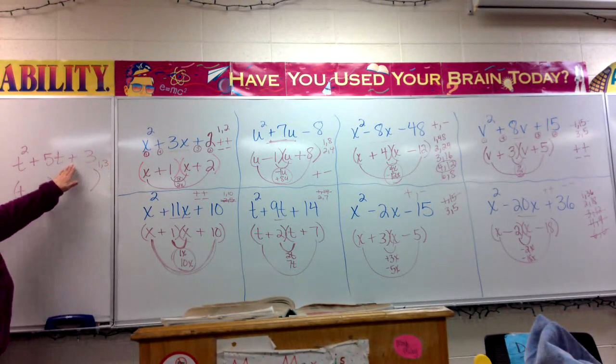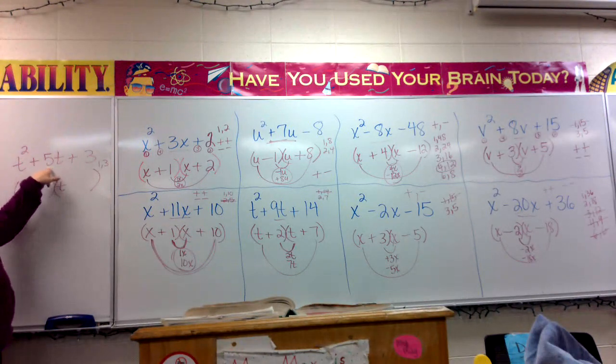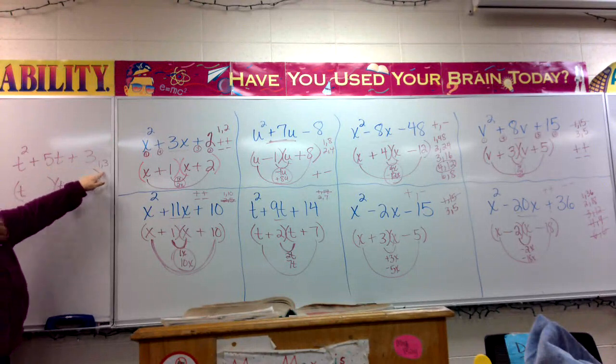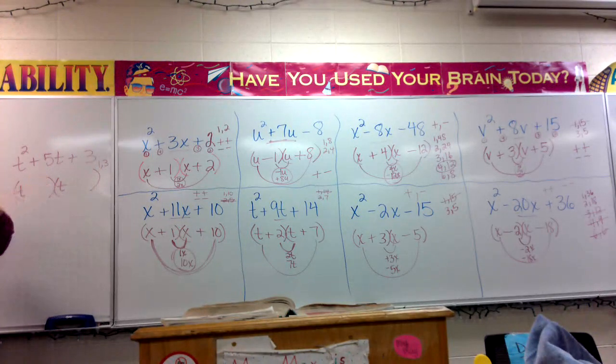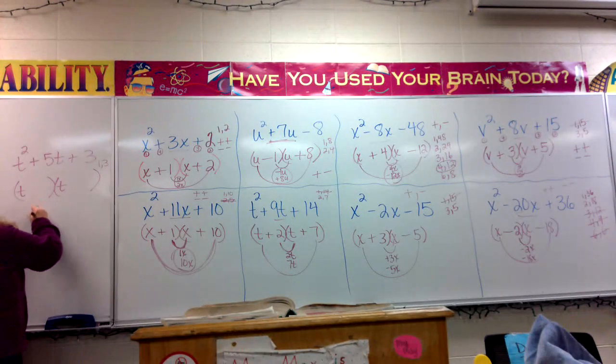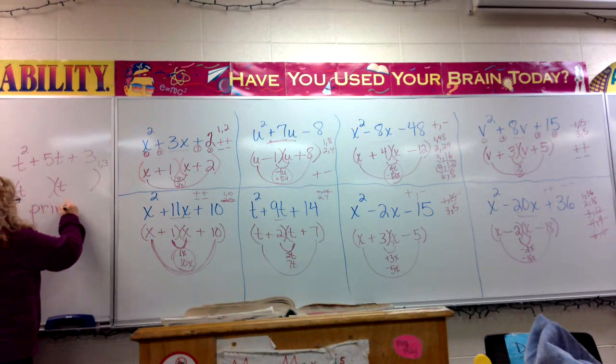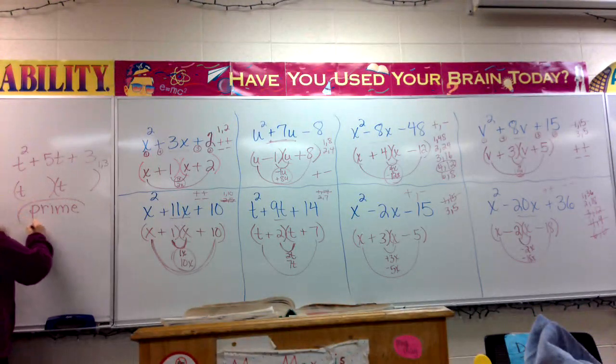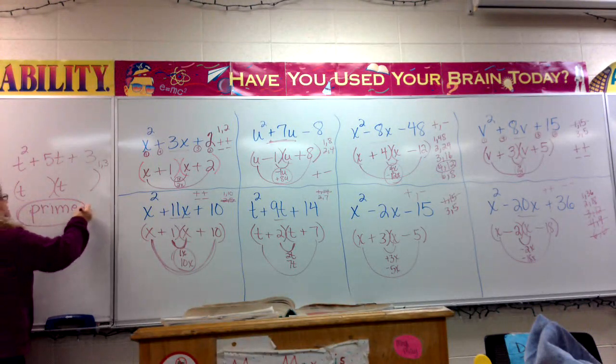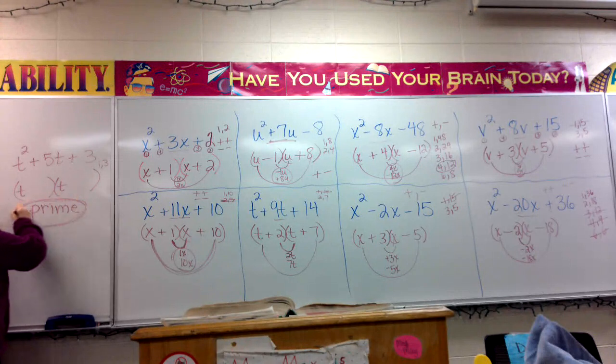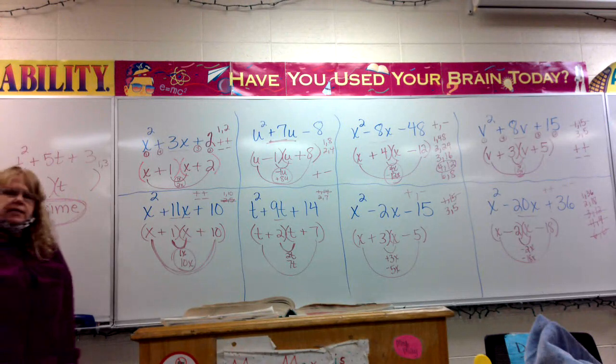But yet, I need a combination that will add to 5. But I only have one possibility. It has to be 1 and 3, but that doesn't add to 5. So you know what happens here? This can't be factored. What do you call it if it can't be factored? It's prime. So there will be a few that are prime, but I'll tell you how many.